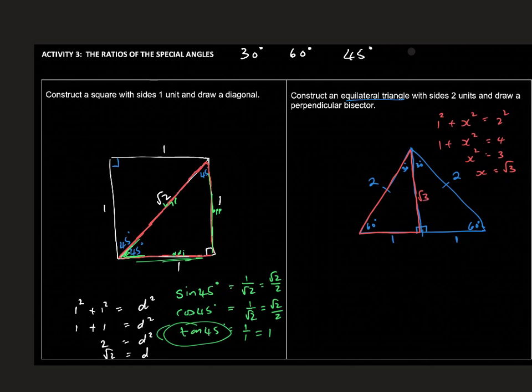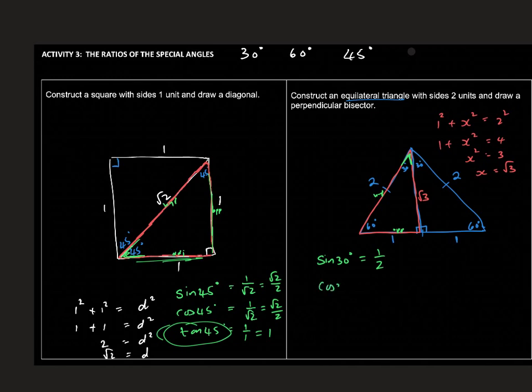In other words, can we work out the ratios of sine of 30 and sine of 60, cos of 30 and cos of 60, and tan of 30 and tan of 60? Let's give it a go. Sine of 30 degrees, if this is my reference angle, is going to equal the opposite over the hypotenuse, so that is 1 over 2.